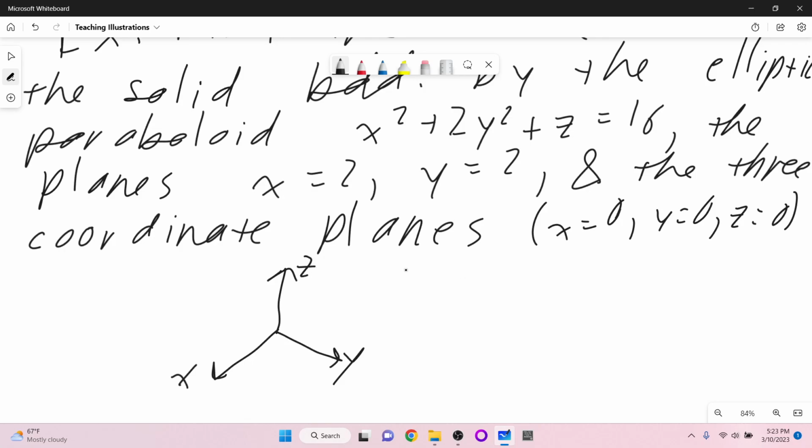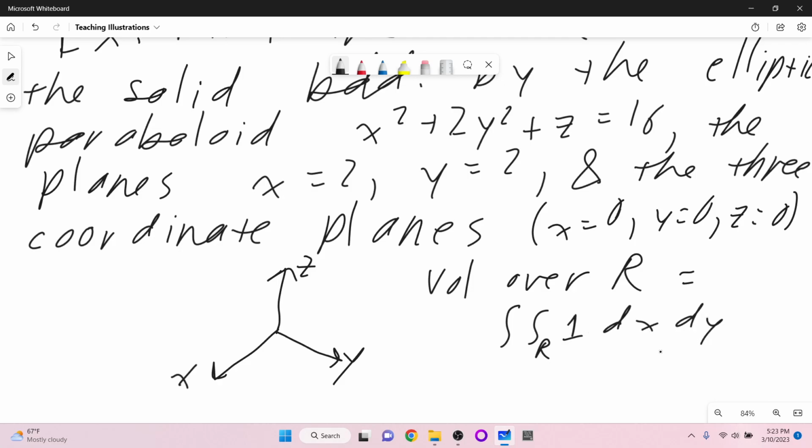Well, the formula here, that volume over a 2D space R is the same as the double integral over R of the function f of x, y dx dy. Yeah, we said that already. I was getting ahead of myself. I was thinking of a theorem from another chapter, but let's not worry about that right now.